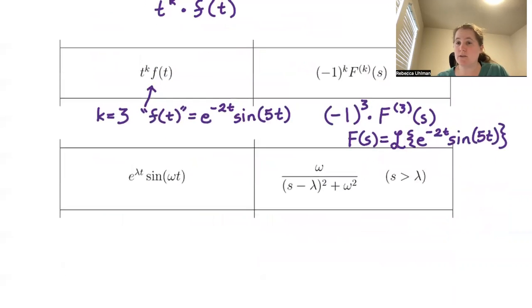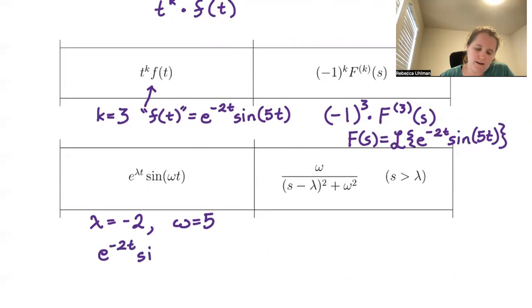So in order for us to find that Laplace transform, we will now use e to the lambda t sine of omega t. So here we have our lambda is negative 2, omega is 5, and we're looking at e to the negative 2t sine of 5t.